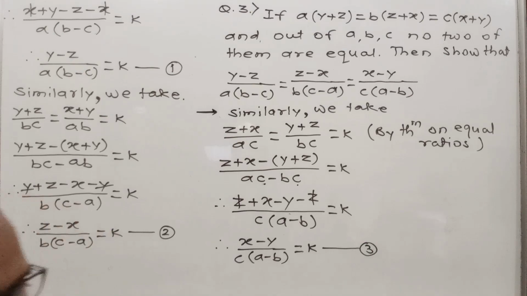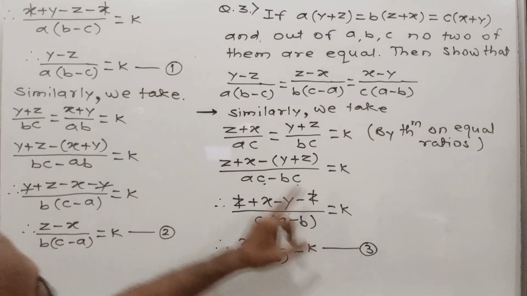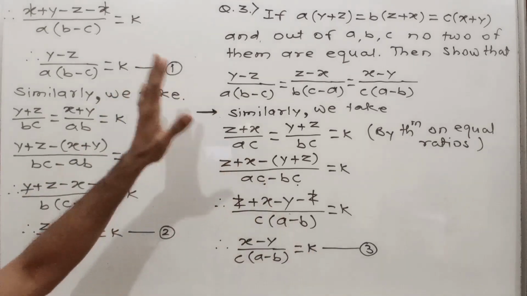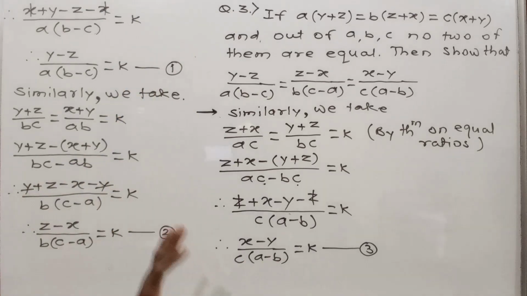From equations 1, 2 and 3, the right-hand sides are equal, k, k and k. Therefore the left-hand sides are also equal.